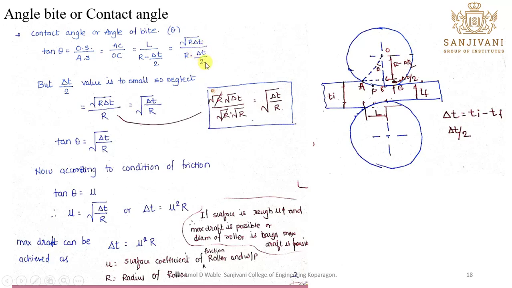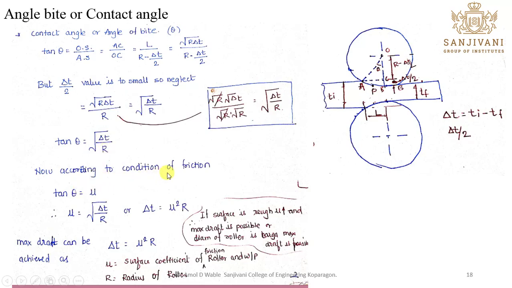So you can write tan theta as under root delta T by R. If you take R out of the bracket, you can write under root R into under root delta T, and R as under root R into under root R. Under root R and under root R get cancelled, and we get the final value: tan theta equals under root delta T by R.